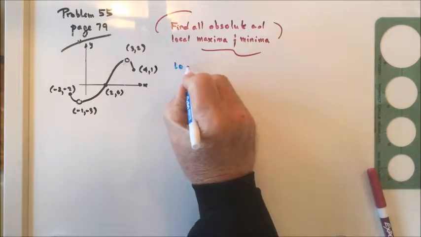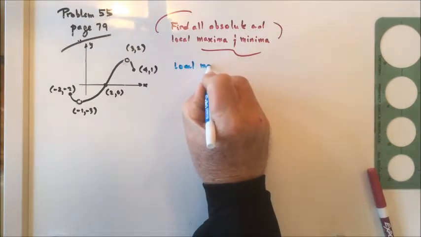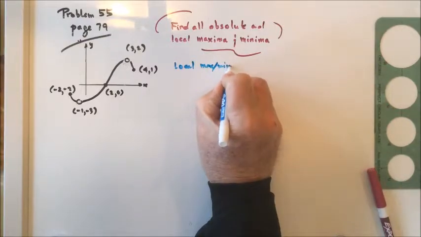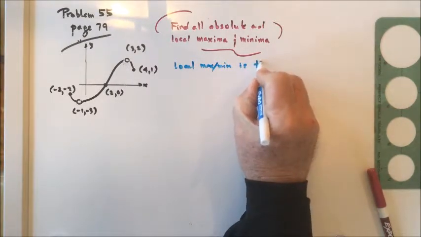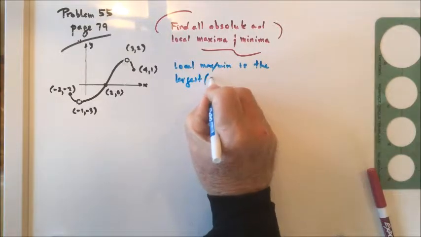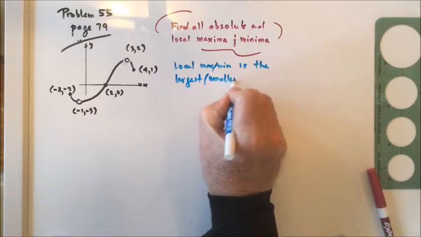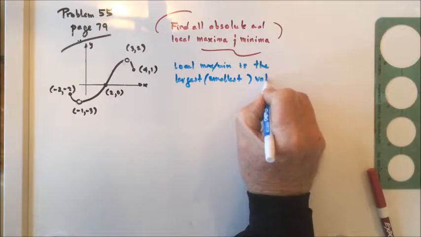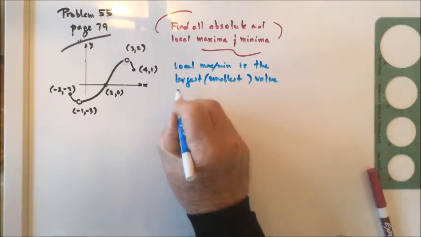A local max or min is the largest or smallest value on an open interval.